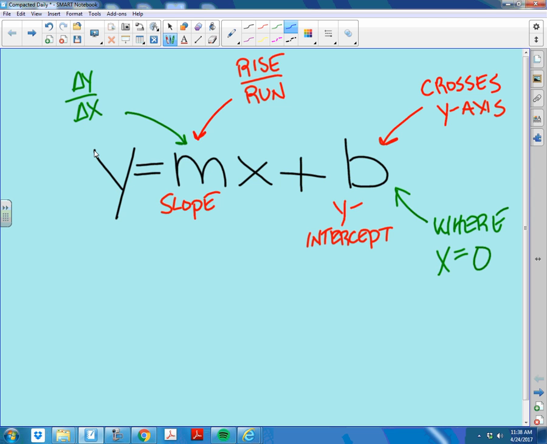Given the fact that the slope is the rate of change, and the y-intercept is where it crosses the y-axis, where the x value is 0. In a word problem, where do you think we would always find the m value, the slope?